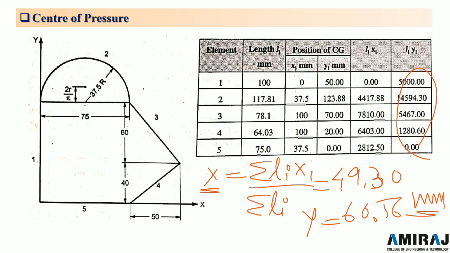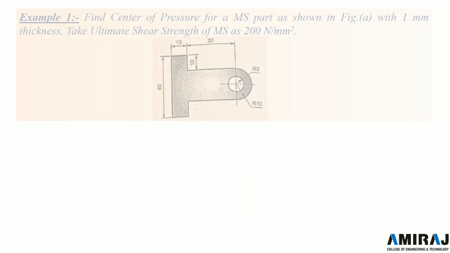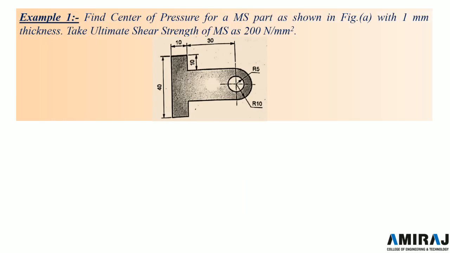Here there is one more example given as well. Find the center of pressure for the MS plate as shown in figure A, with 1 mm thickness, taking ultimate tensile strength of MS as 200 Newton per mm square. So in the example the shear strength of the material is given and we have to find the center of pressure.